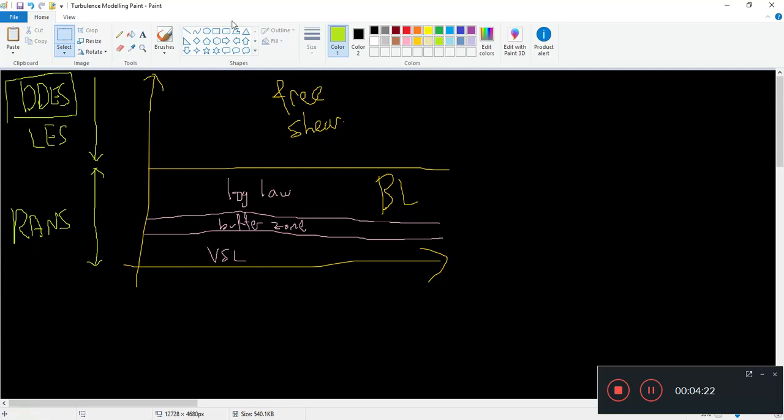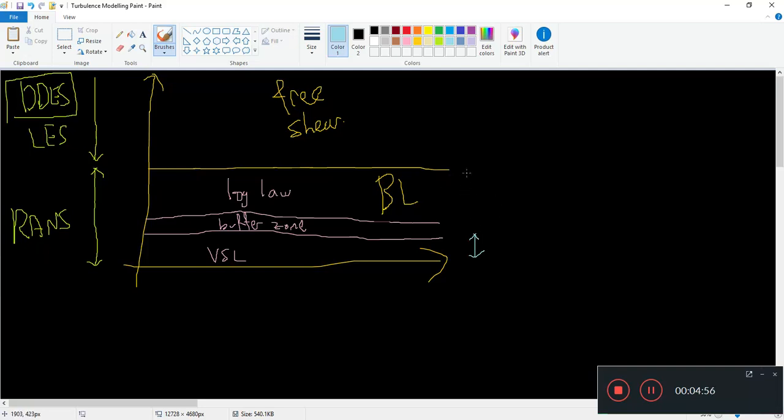Now the question is, what is wall-modeled LES? Wall-modeled LES is basically this. Let me use blue instead. Instead of using LES only in the free shear zones, we want to use LES more than in the free shear zone. We want to use it in the boundary layer as well.